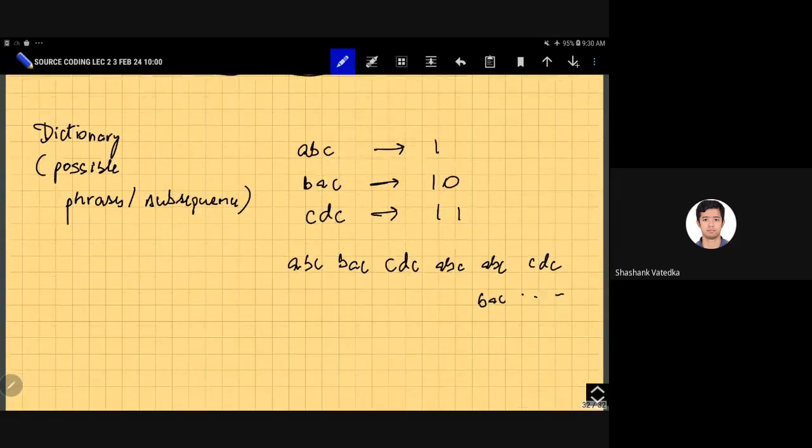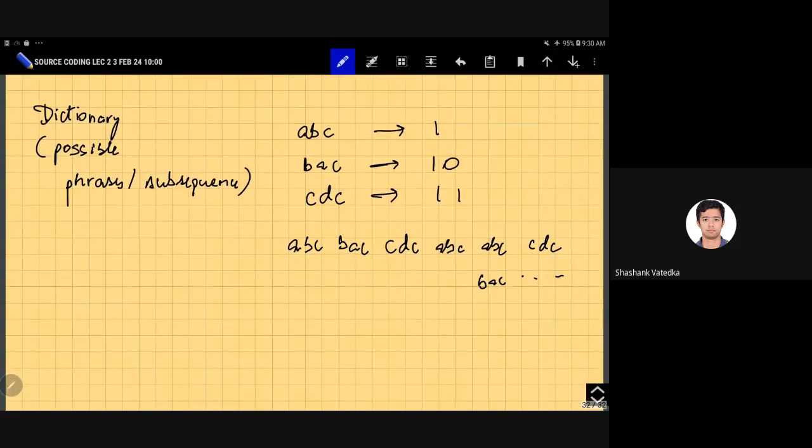Let me generalize it even slightly further. Suppose that my sequence consists of the following phrases: ABC, ABC, BA, ABC, BA, BA, ABC, CDC, and so on. It consists of only the phrases ABC, BA, and CDC.